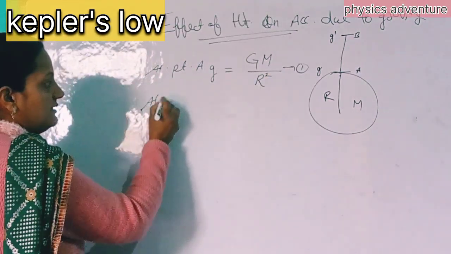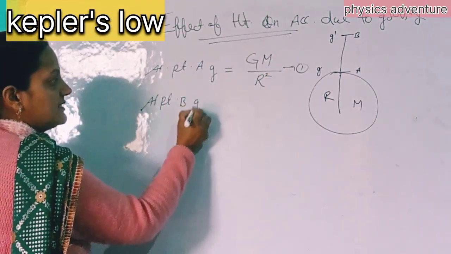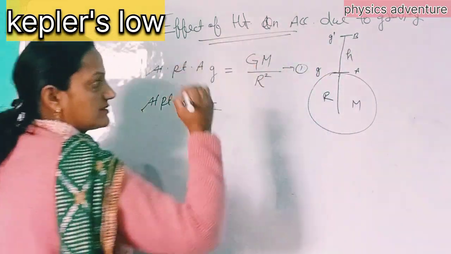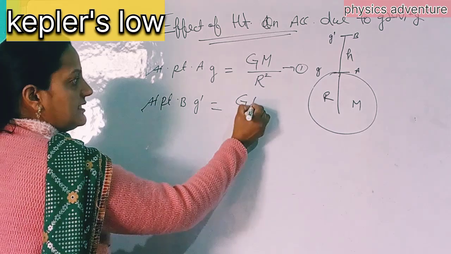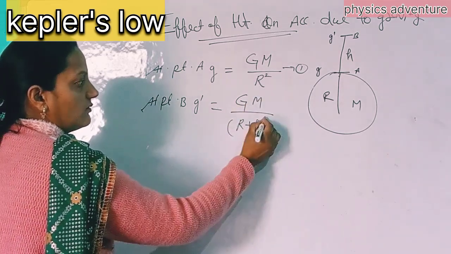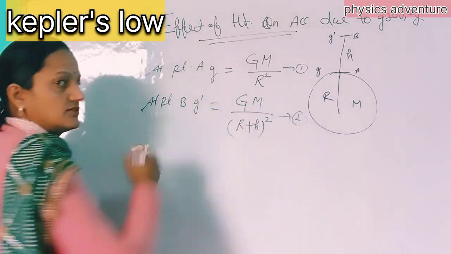At point B, g dash, at height h, is equal to G m over R plus h whole square. Equation number 2.